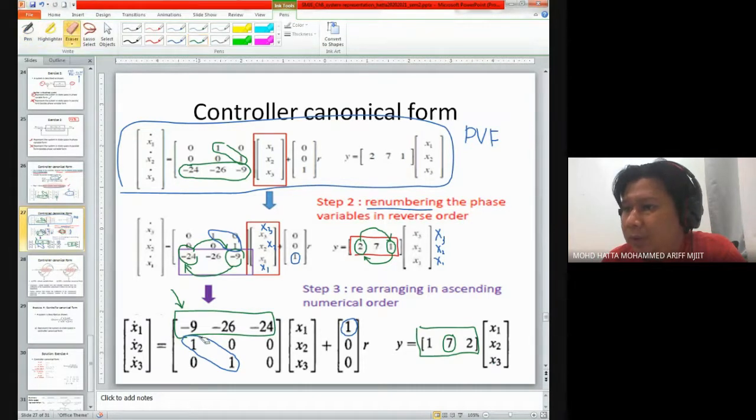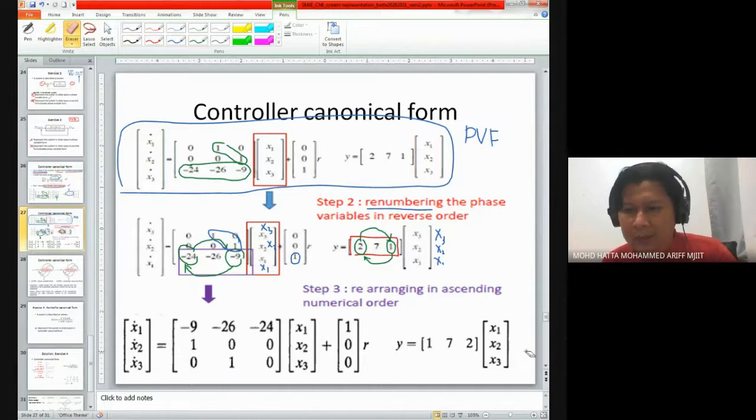All right. Now, the one that you see in the matrix down here is known as controller canonical form, obtained just by rearranging the phase variable form. Maybe now you're still in a cloud, not quite familiar with the shifting and the shuffling of pieces of elements.